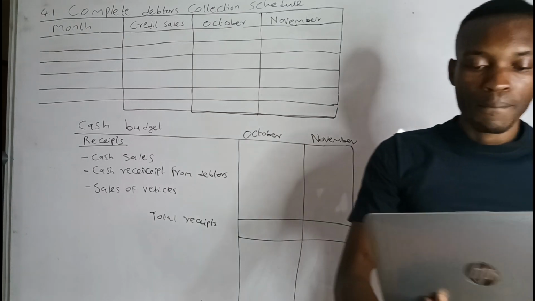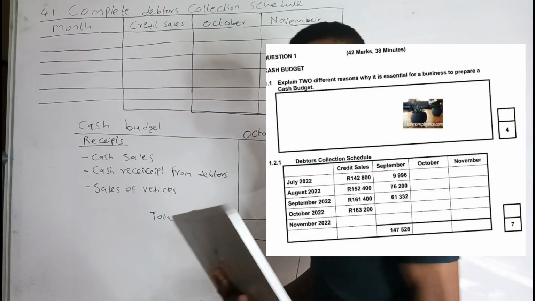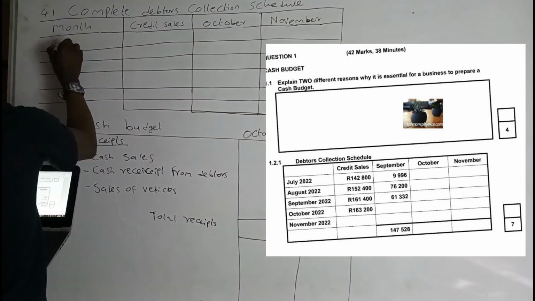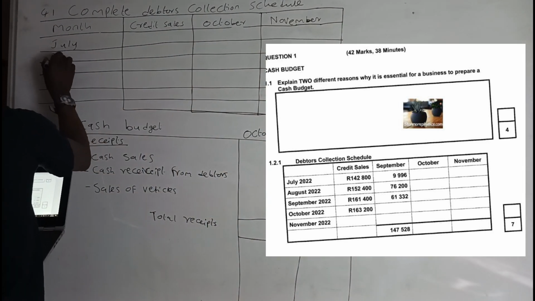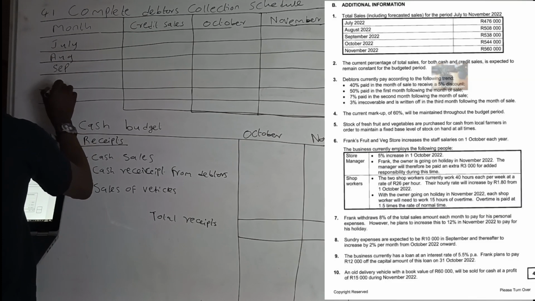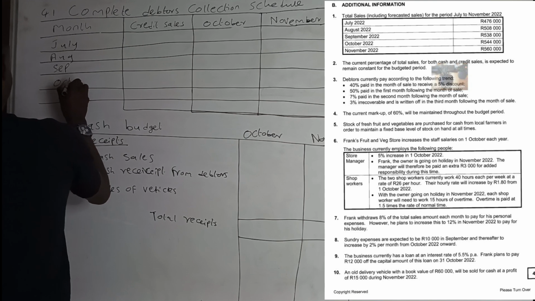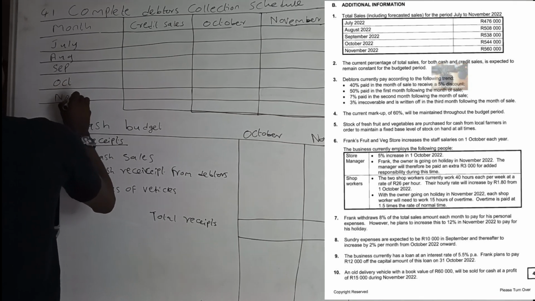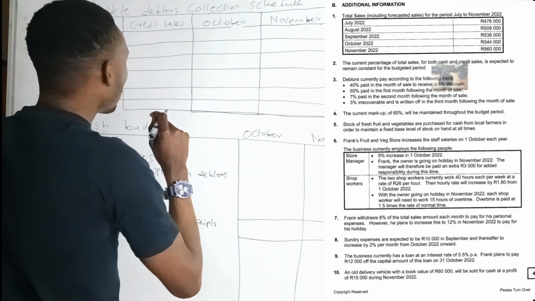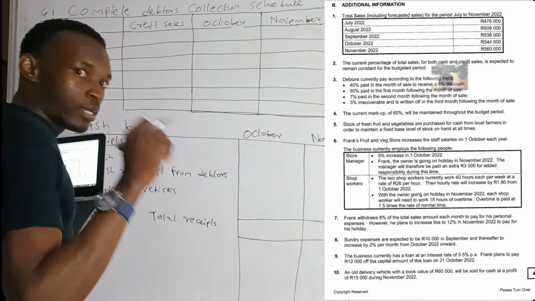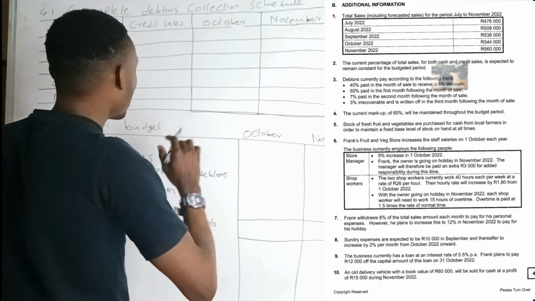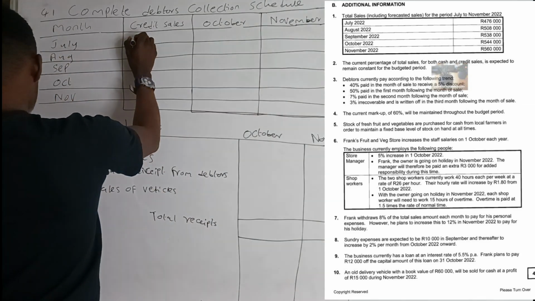In our answer book, we were already given the following figures. Remember, it's not always the case that they will give you the figures of credit sales. In some questions you will be required to calculate them. However, in this case, you were not required to calculate credit sales.